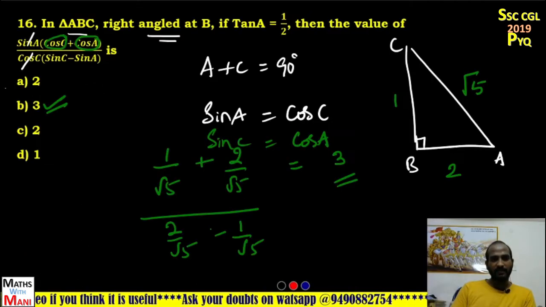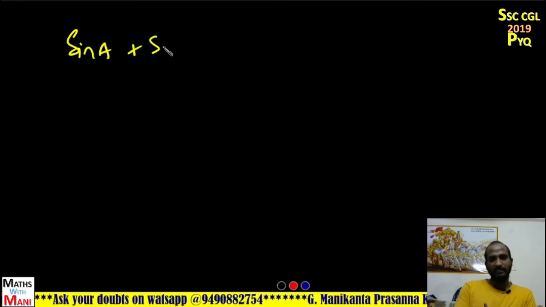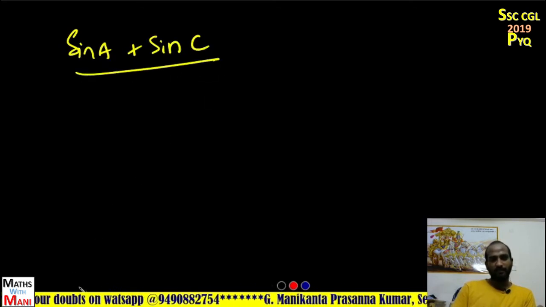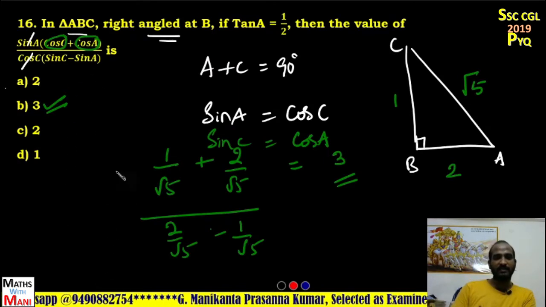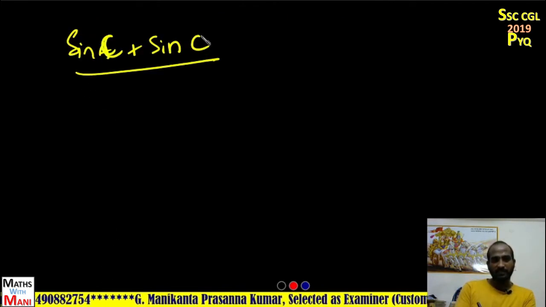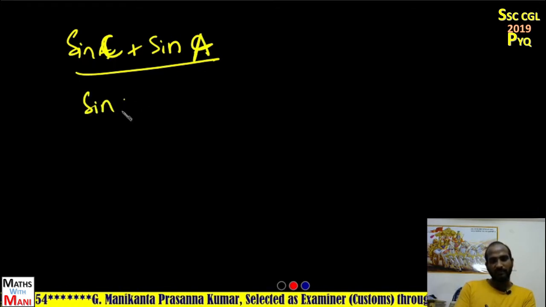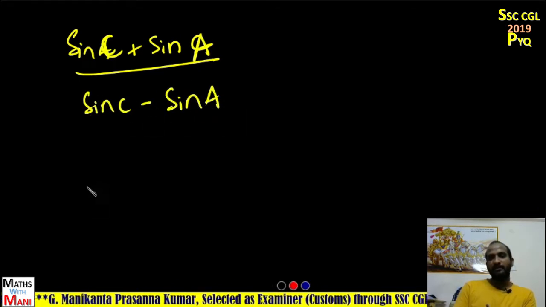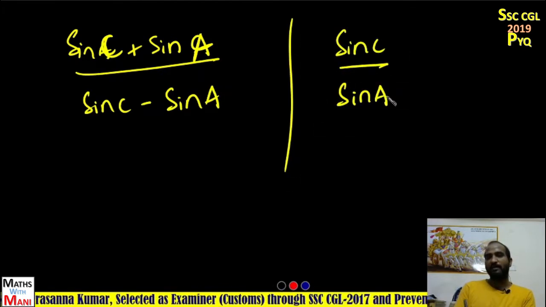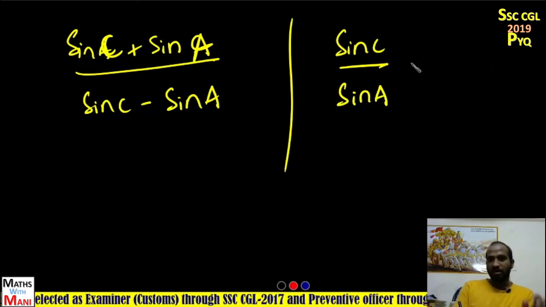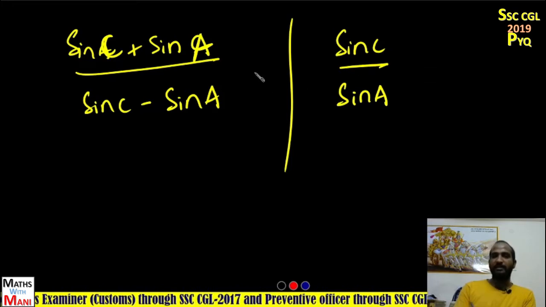After that the question becomes sin A plus sin C by sin C minus sin A, or sin C plus sin A by sin C minus sin A. That means if I know the value of sin C by sin A, after applying componendo dividendo, I can get this value.